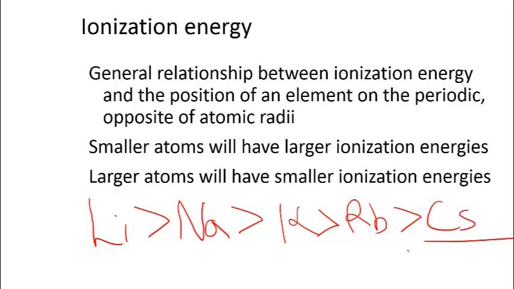Cesium has the lowest ionization energy, and lithium has the highest ionization energy. This means it's more difficult to remove an electron from lithium than it is to remove an electron from cesium.